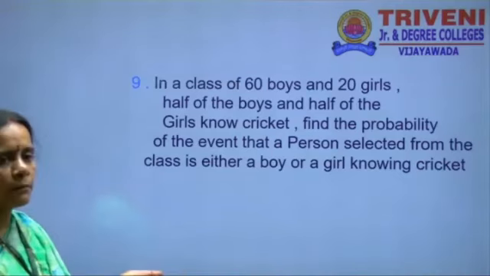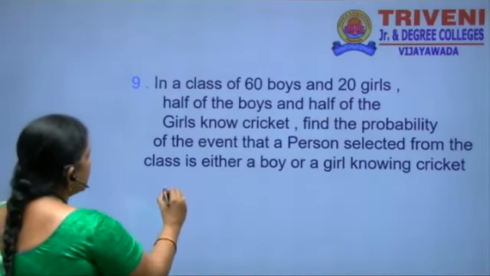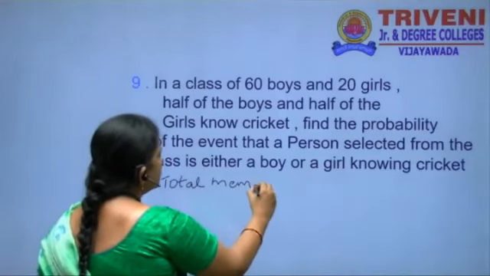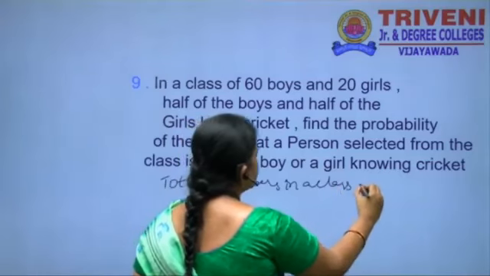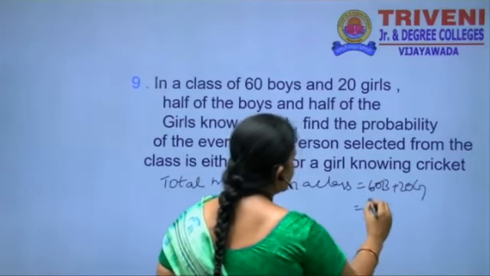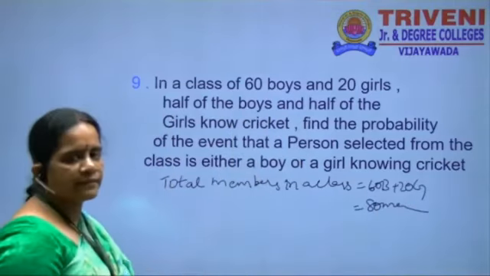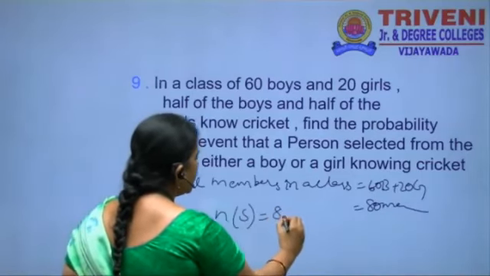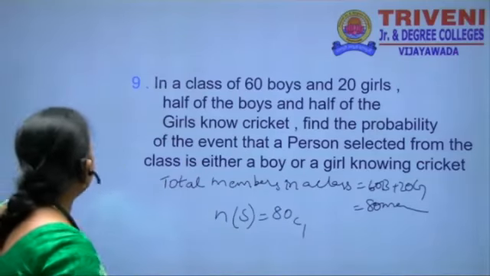We take all boys, but for girls who know cricket we have to take half. Here the total members in the class is 60 boys plus 20 girls, that is equal to 80 members. We have to select one person from these 80, that is n of S is equal to 80C1.